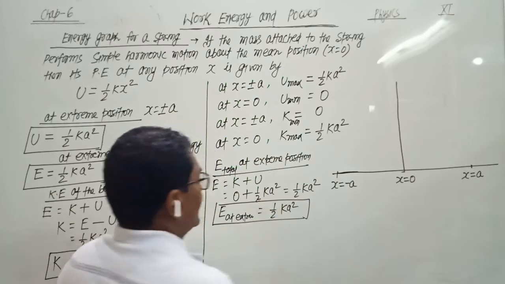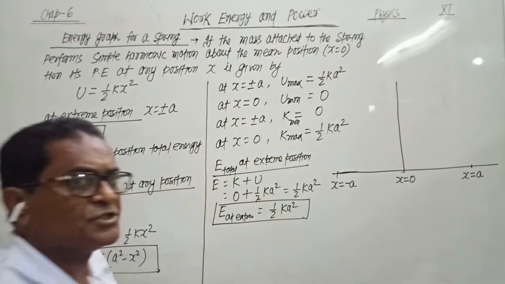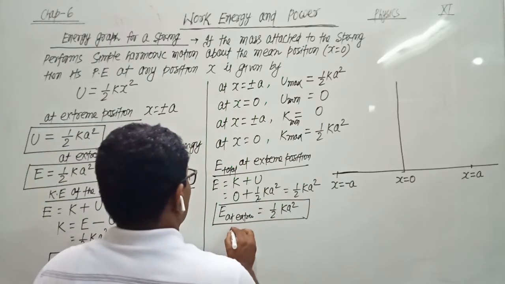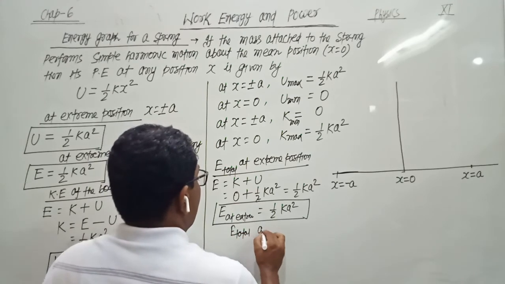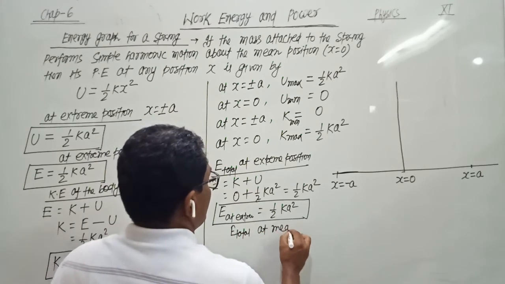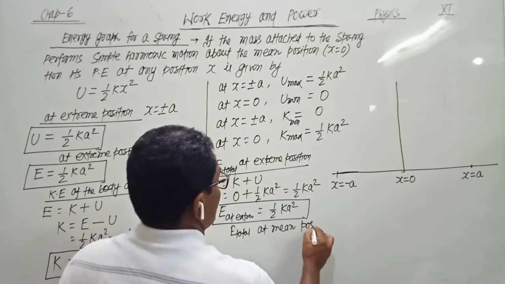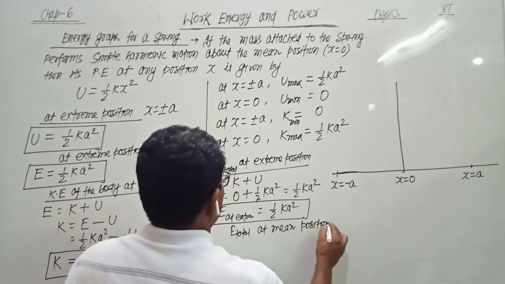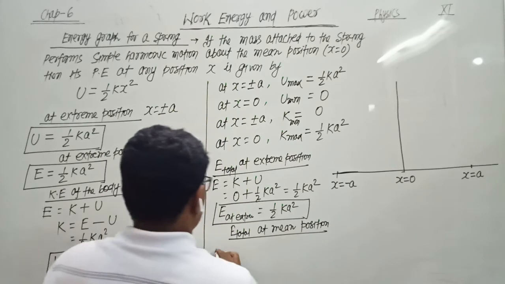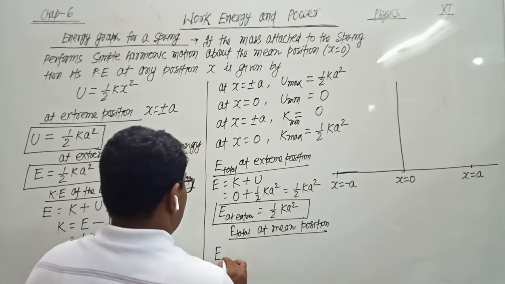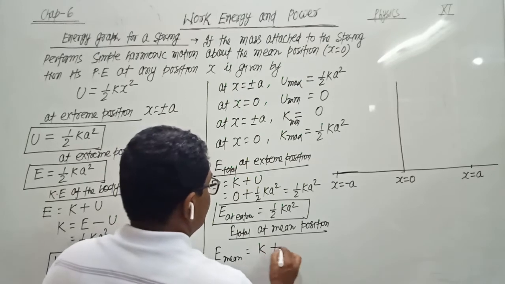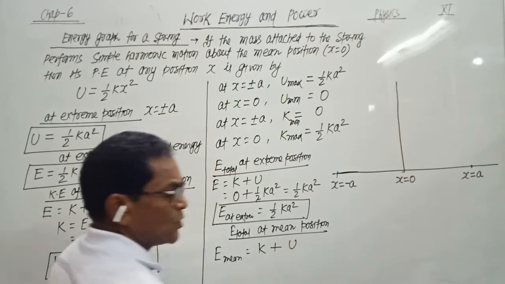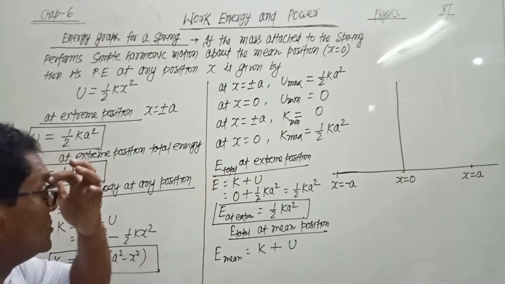Now the total energy at the mean position: kinetic energy at the mean position plus potential energy at the mean position.